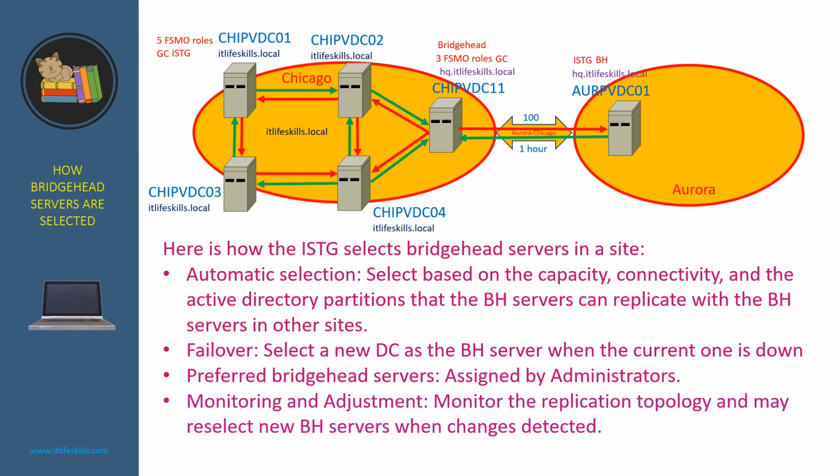The KCC on the ISTG in each site runs periodically every 15 minutes by default to monitor the health of the replication topologies and may reselect new bridgehead servers to respond to changes in the network environment.